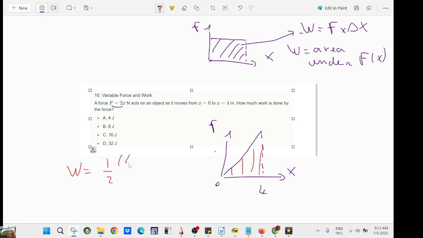The base is 4, and the height here is going to be 8, because 2 times 4 is 8. So here we have 1/2 times 4 times 8, which is 16 joules.